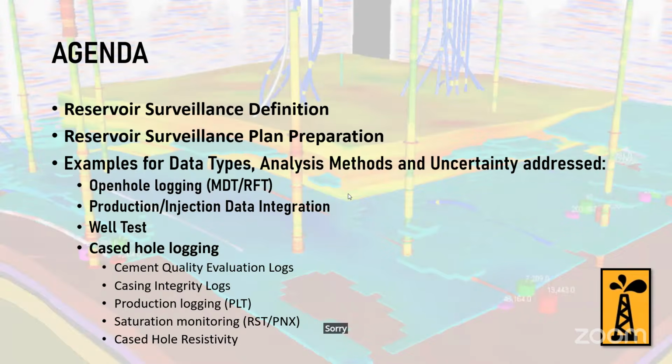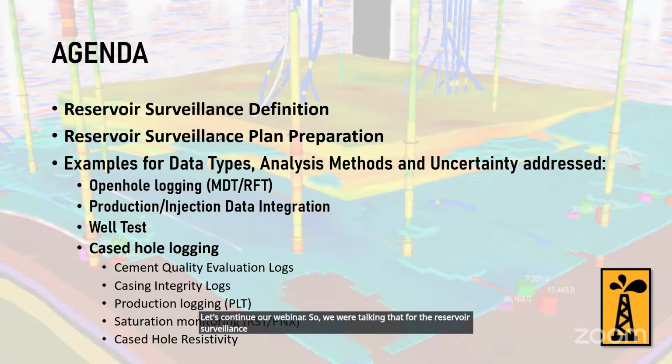Sorry for this interruption. So let's continue our webinar. We were talking about reservoir surveillance, and we have a definition for it. Also, we have a plan for our reservoir surveillance that we should prepare for every field, according to the uncertainty of every field.